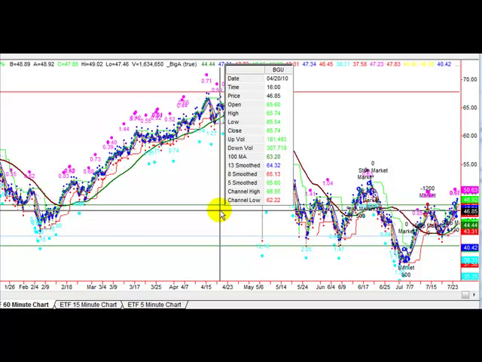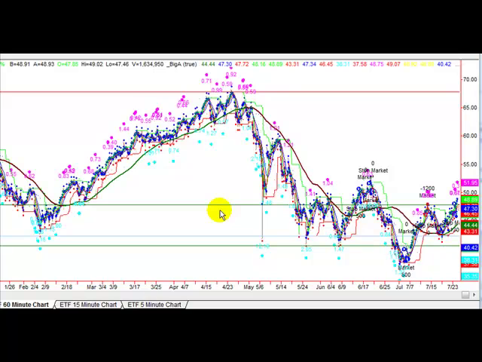So anything over a 7 to 1 or 8 to 1 reward risk ratio, you really need to go 2%. So that's exactly what I did. I risked 2% on this trade. So therefore, if I lose this trade, I will lose 2%, is the most that I can lose on this trade.